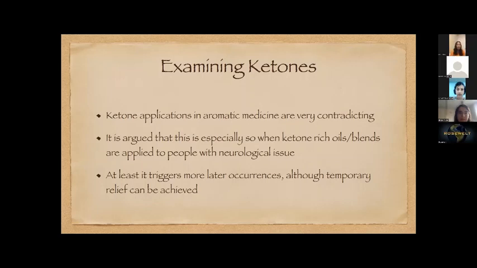This is talking about people with epileptic seizure, because there is research showing that when you apply ketone-rich oil like tea tree or eucalyptus globulus, even if the seizure doesn't happen on the spot, then it will happen more in the future.